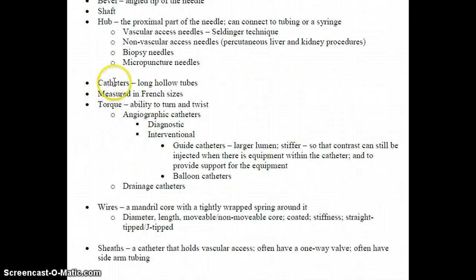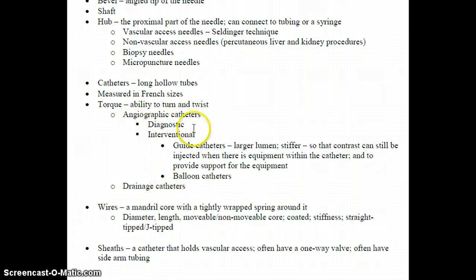Okay, then there are catheters, and a catheter is basically a long, hollow plastic tube. They are measured in French sizes. Catheters are sometimes referred to by how much torque they have, which means the ability to turn and twist as the doctor would like. There are angiographic catheters, and then there are drainage catheters.